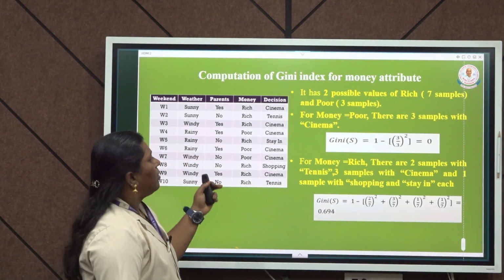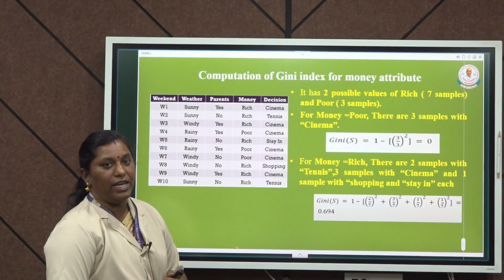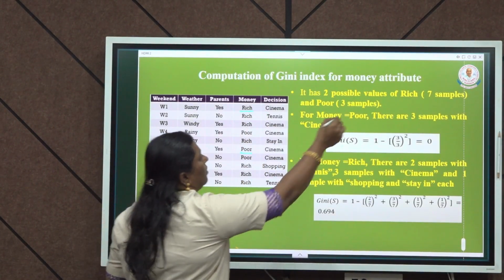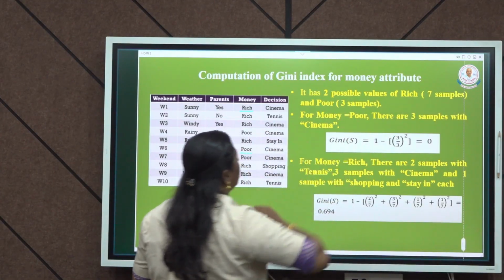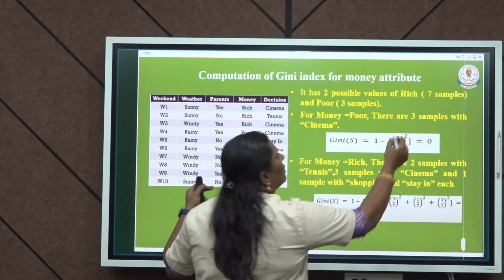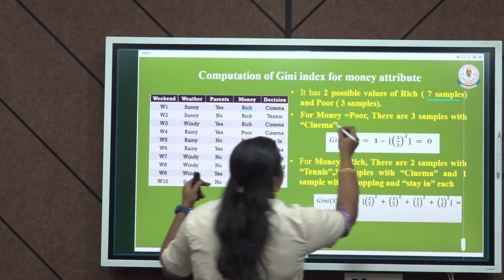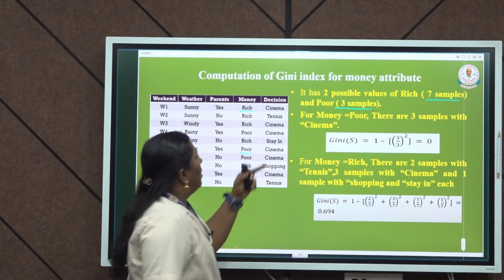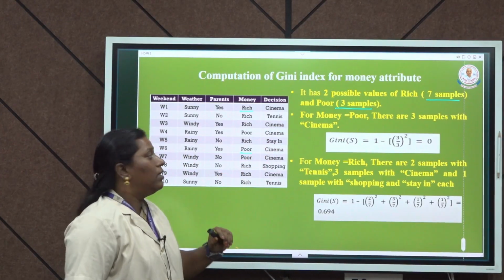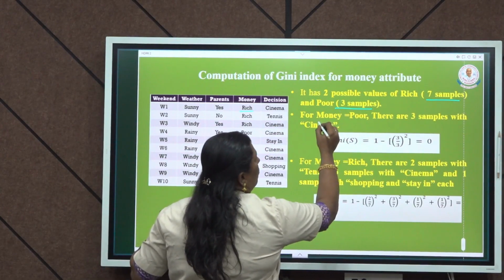Here in the money attribute there are 2 possible values, one is rich, another one is poor. Among these 10 samples, there are 7 rich samples and 3 poor samples.